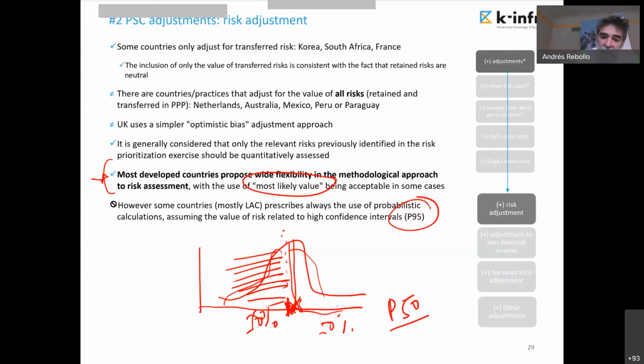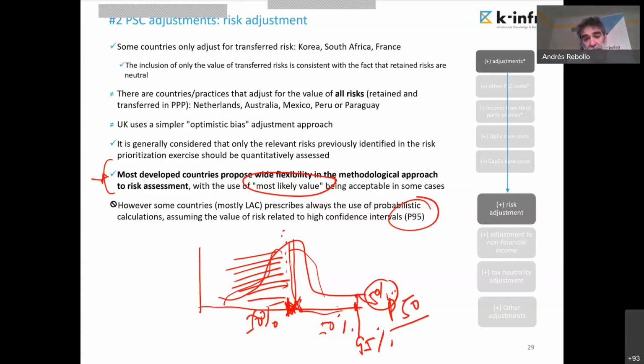But some countries are using the percentile 95. So I have only a 5% possibility that I am underestimating, and in 95% of the occasions I am overestimating. You should not use that value, because you are for sure overestimating the value of the risk.